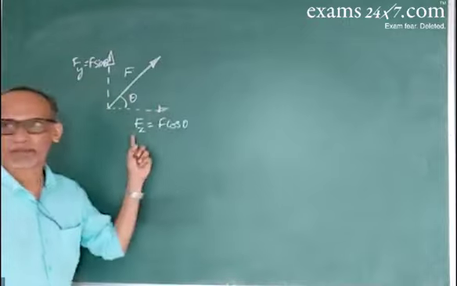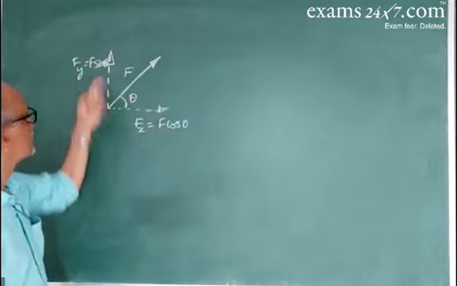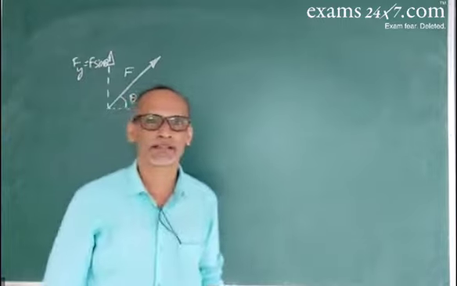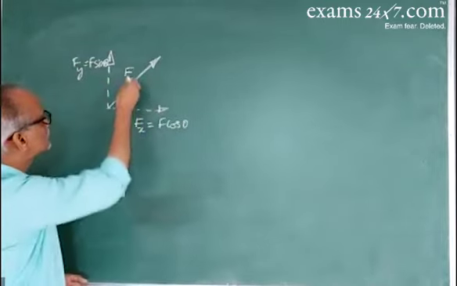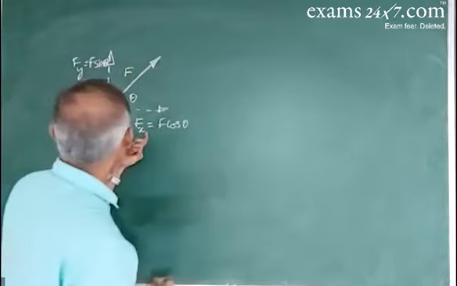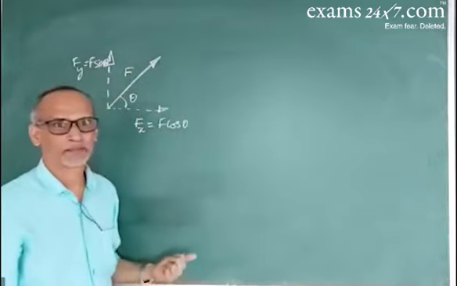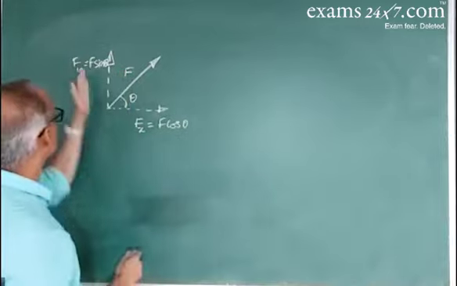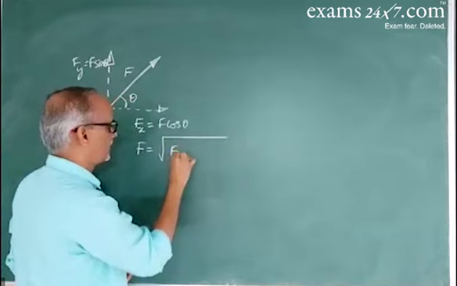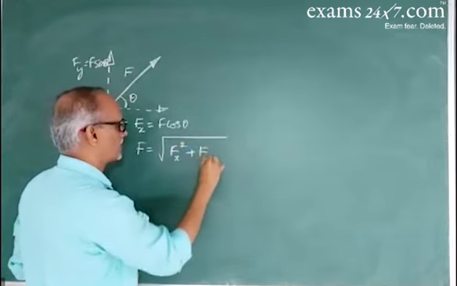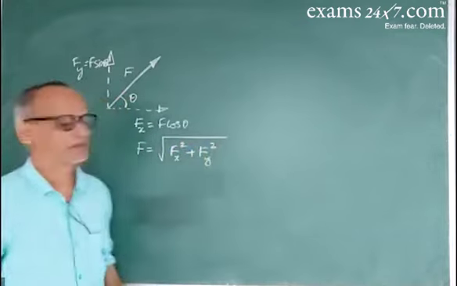So fx will be equal to f cos theta, fy will be equal to f sin theta. Now, what is the relation between f, fx, and fy? The relation is f is equal to square root of fx squared plus fy squared.